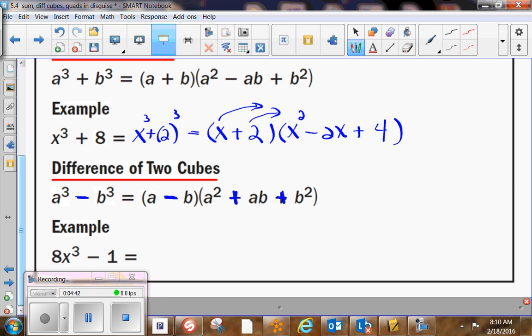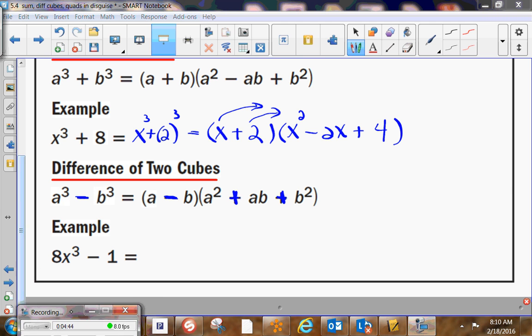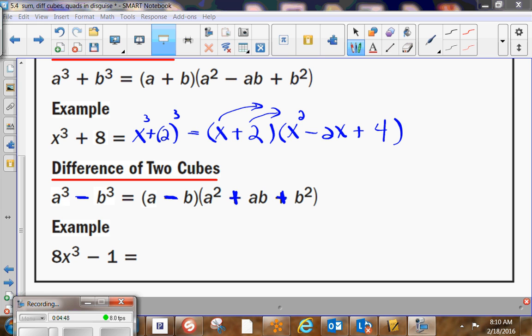The very same way. Let's say we have 8x cubed minus 1. 8 should start sticking out in your mind as a cube. That's a perfect cube. So let's first write it as two things cubed. I'm going to write this first one as 2x cubed, because that would give me 8x cubed, minus 1 cubed.